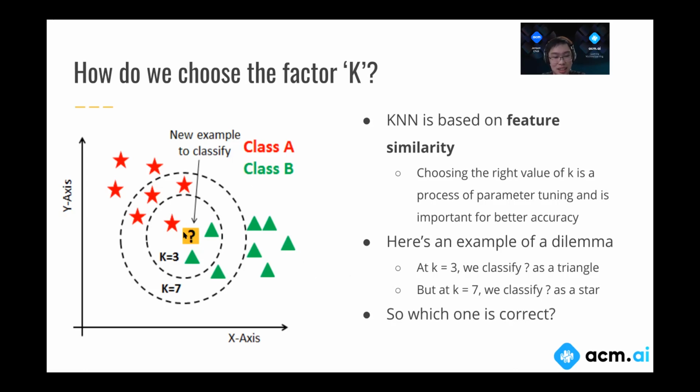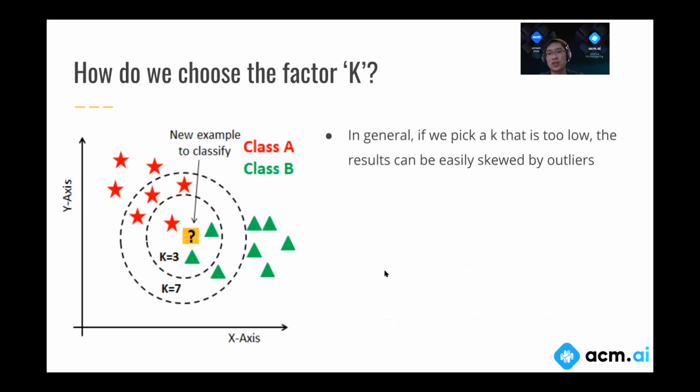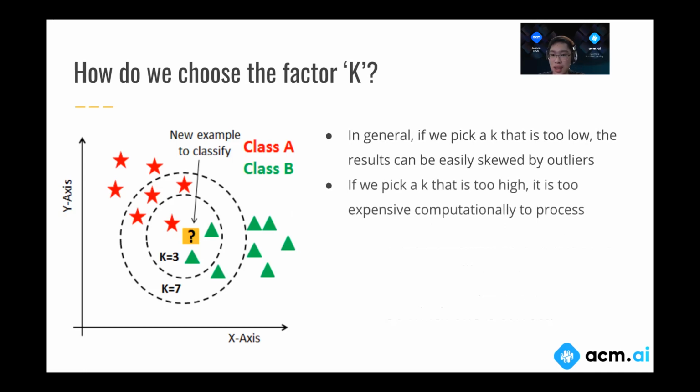But if we choose k equals 7, then it's less likely that this is going to happen. So in general, if we pick a k that is too low, the results can be easily skewed by outliers.